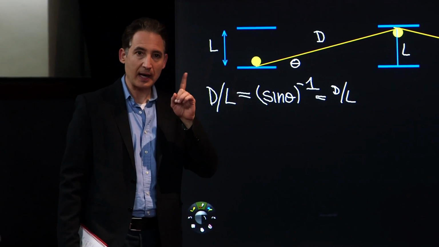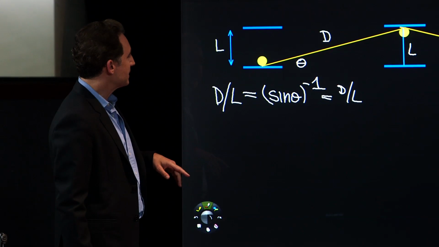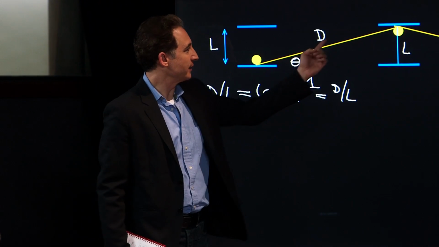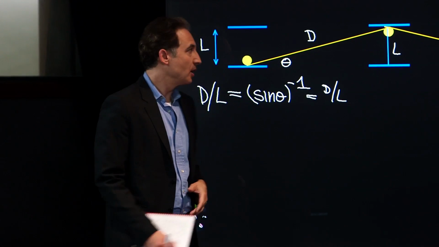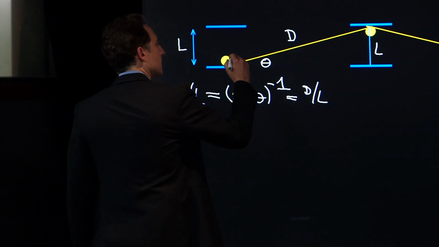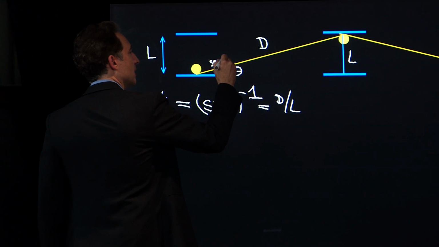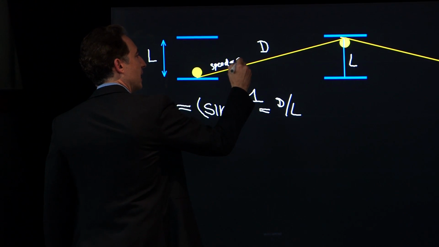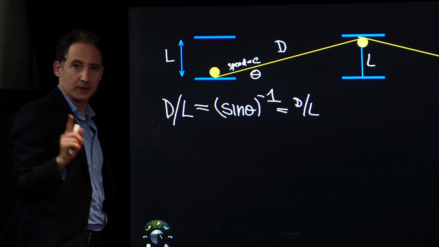Well, here's the key idea. As the light is traveling from here to there, we know that its speed, of course, is equal to the speed of light in that direction.